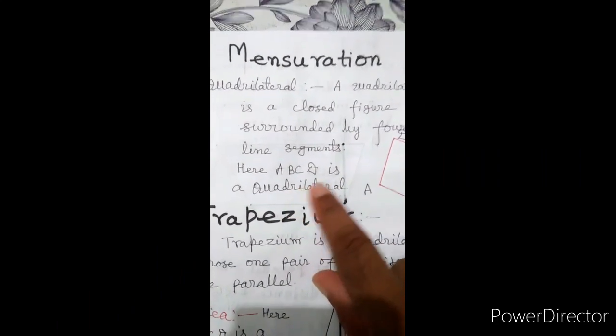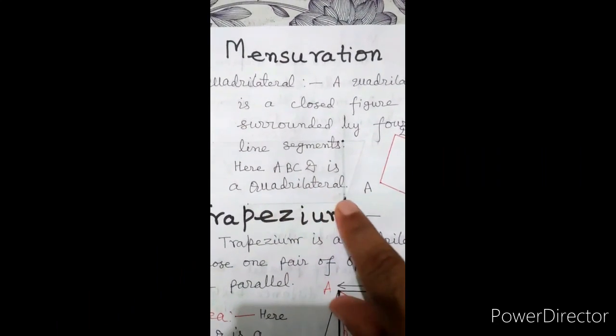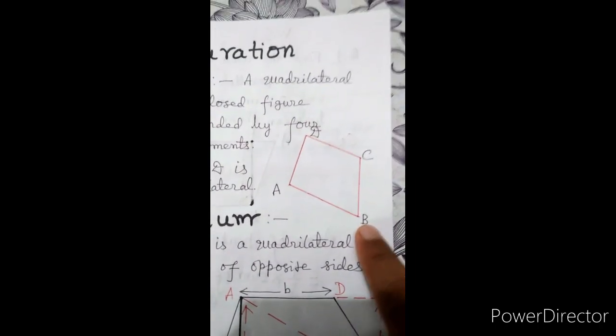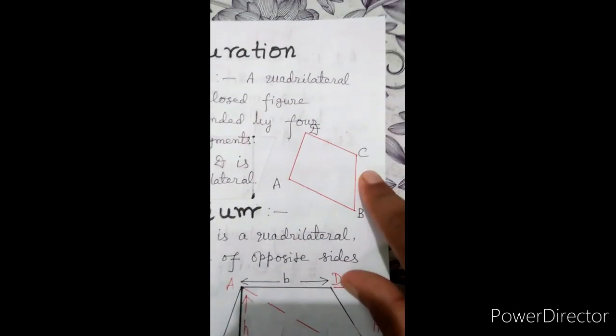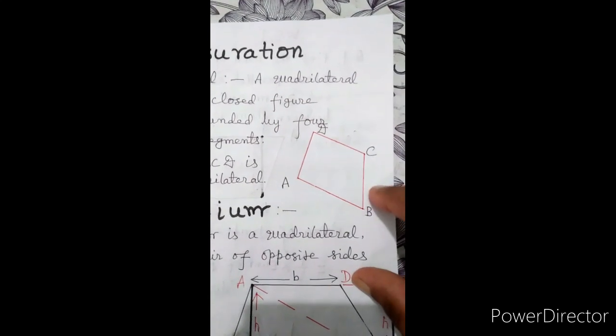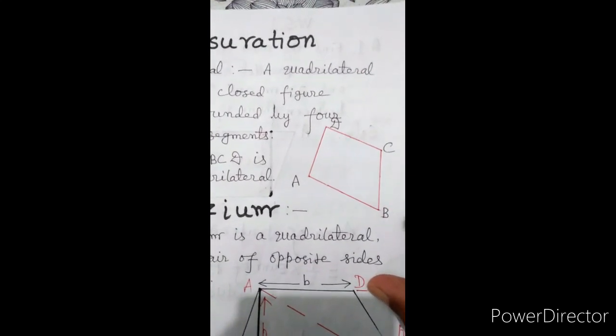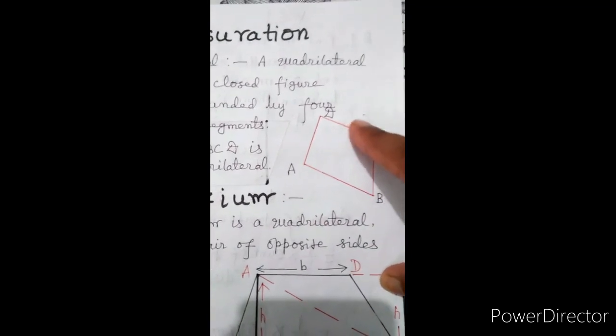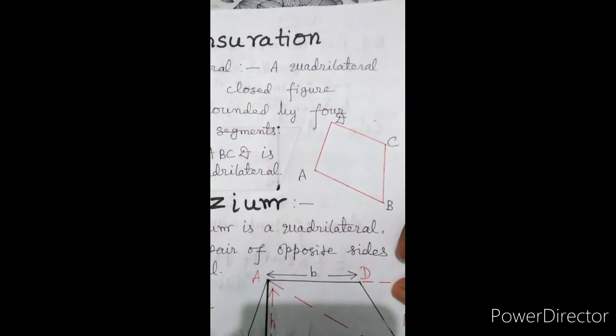Here ABCD is a quadrilateral. This is figure of a quadrilateral ABCD. It is a closed figure and surrounded by 4 line segments AB, BC, CD and DA.